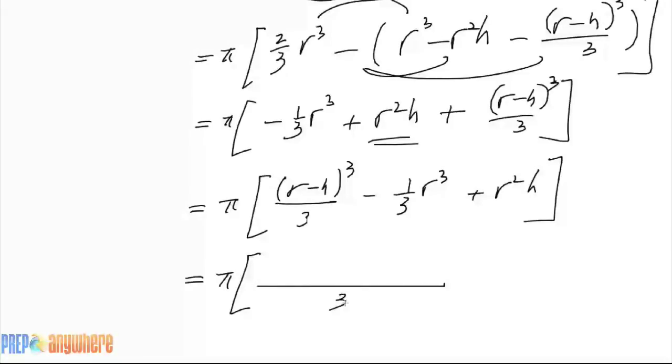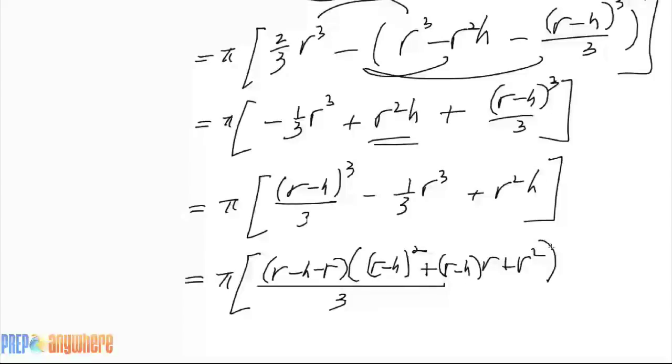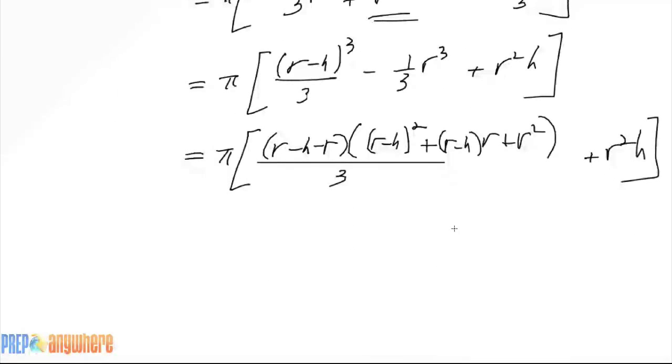You can see all over 3, and this is the difference of cubes. So I can factor this instead of expanding. So I can say r minus h minus r, and then square that, r minus h squared, plus r minus h times r, plus r squared. Make sense? All right, that r cancels out.